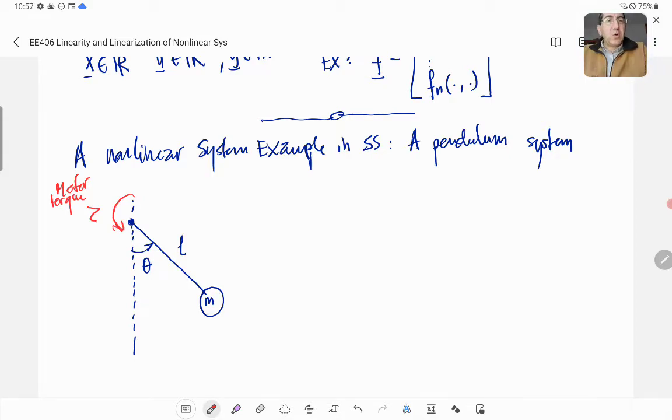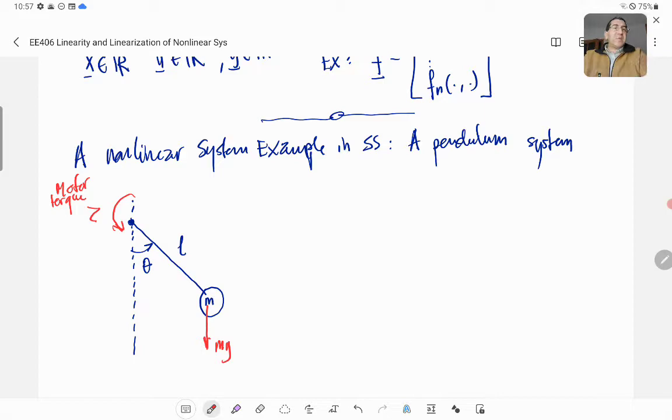But it also is exposed to gravity. So we have here a gravitational acceleration g, which causes a force mg, which is in the direction of the vertical, okay? So essentially, what's happening is that this system will have a dynamic behavior.